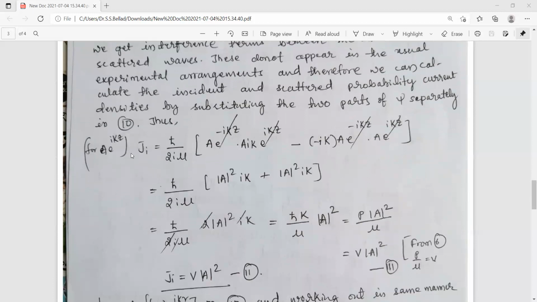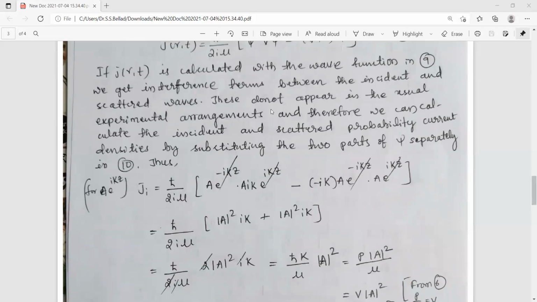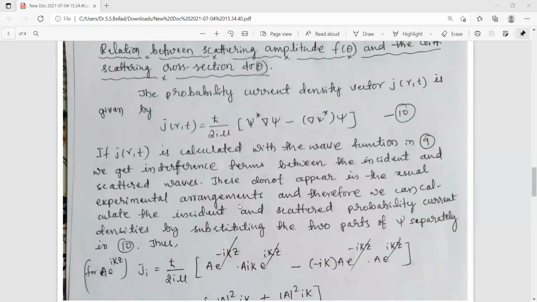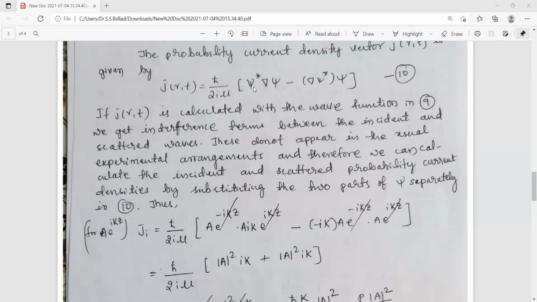So first I am substituting this term, that is e raised to ikz. This is the current density for the incoming or incident particle. So here we have to substitute into equation 10. So I have substituted here psi star. Psi star is actually the complex conjugate of this psi.